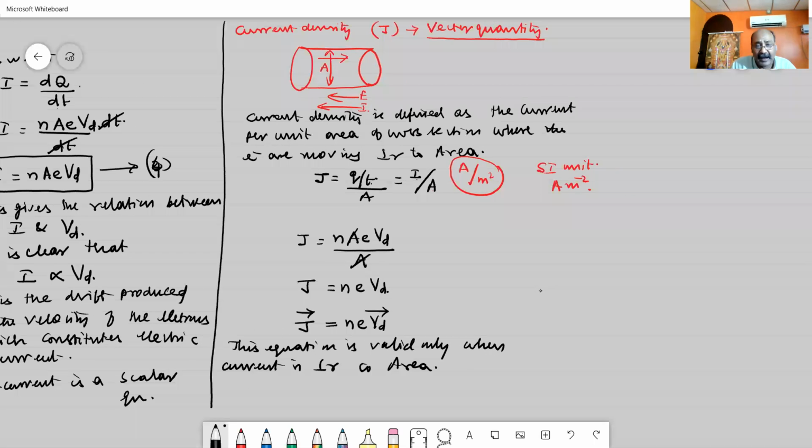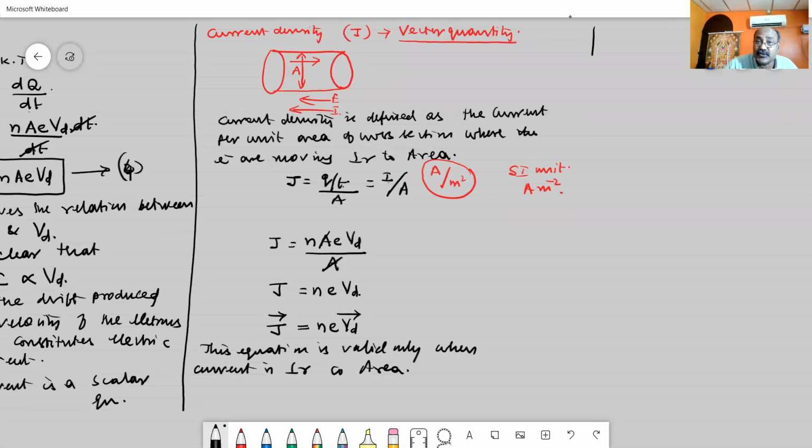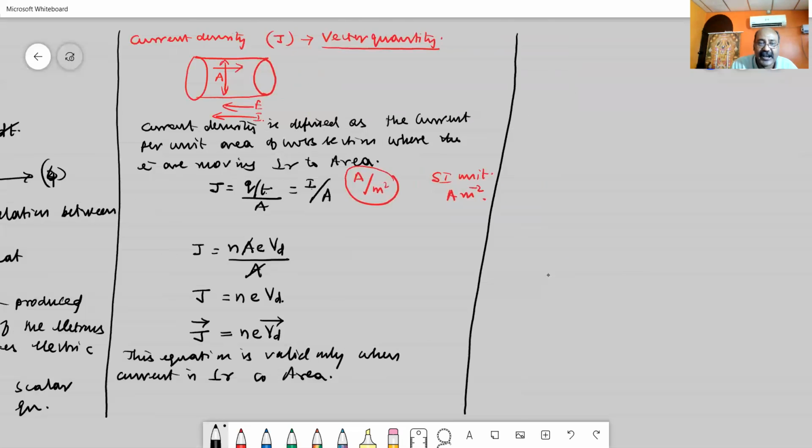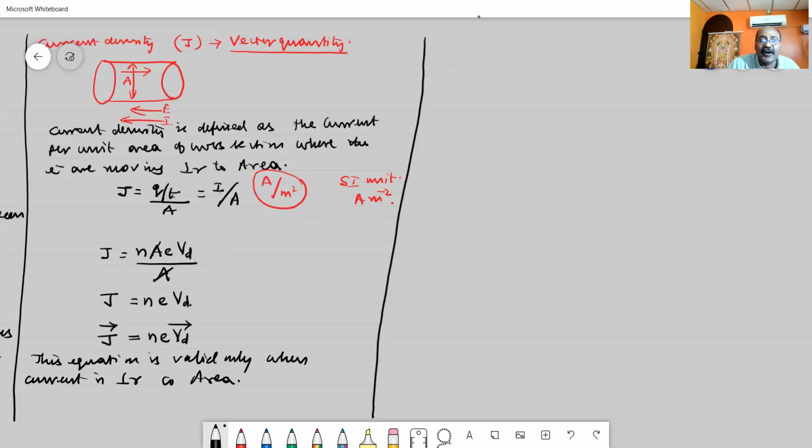So how can I get the equation in microscopic form? We have obtained a relation for current density: J vector is equal to n into e into v_d vector. We have already derived in our last class the expression for the drift velocity: v_d vector is equal to minus of capital E into e divided by m into tau, acceleration into time.